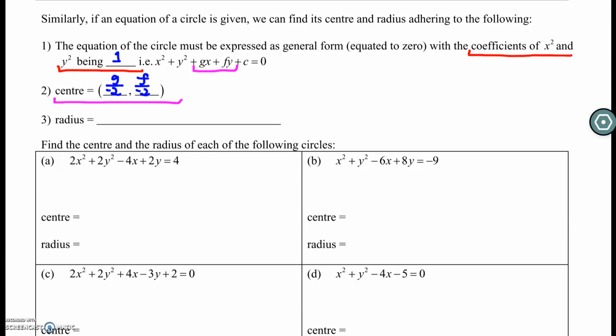With the center found, we will be able to find the radius by looking at the center and the constant term c. The formula would be square root of x coordinate of center, which is g over -2, whole thing squared, plus y coordinate of center, f over -2 squared, minus c.